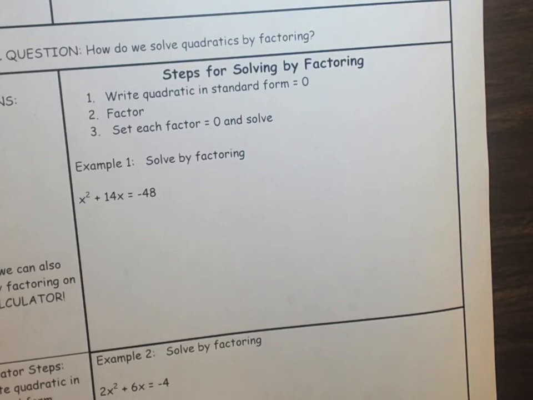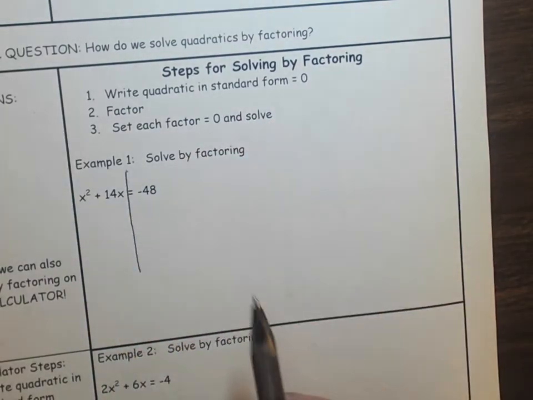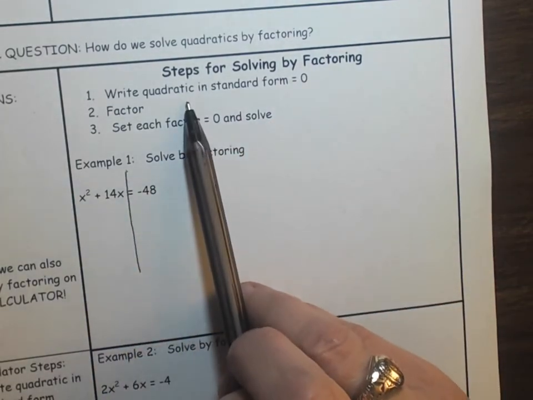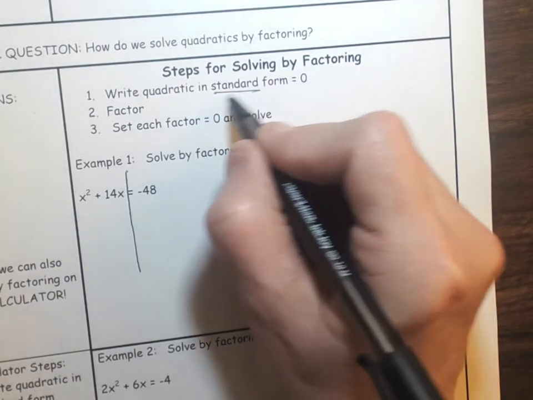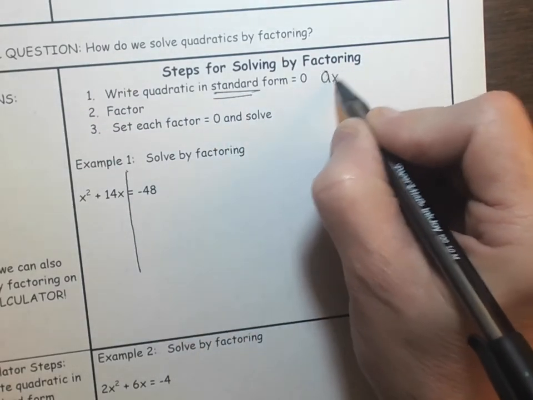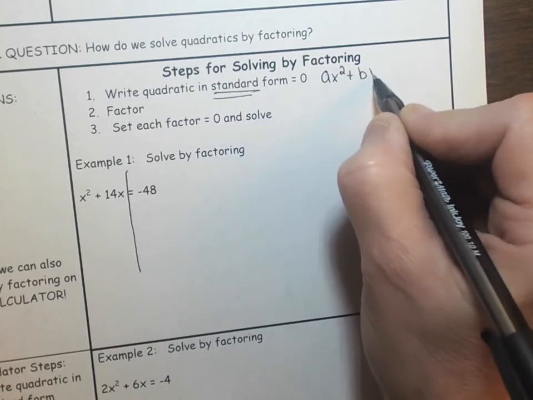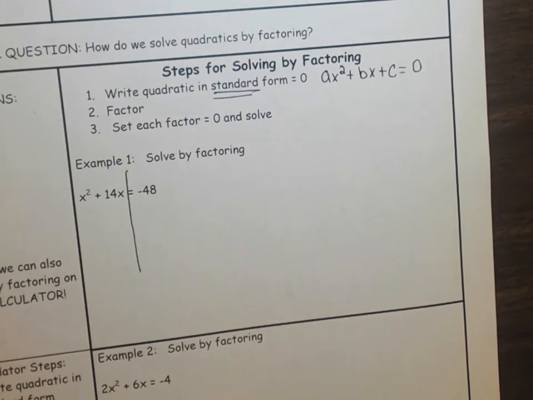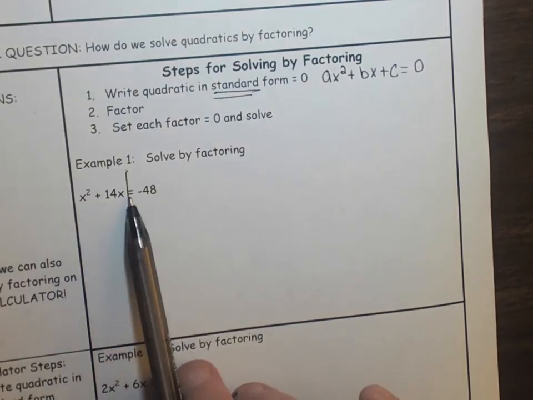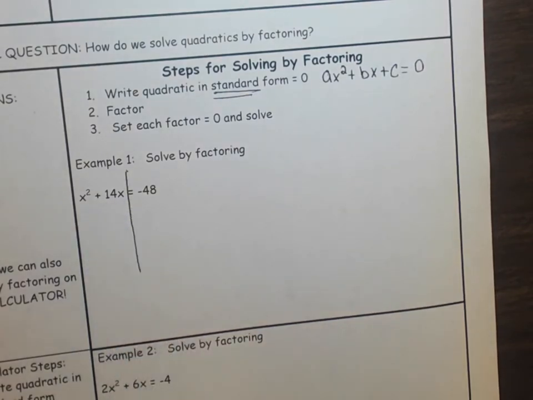So again, first thing we have to do is make sure our quadratic equation is in standard form. And remember, standard form is ax squared plus bx plus c equals 0. As you can tell, our quadratic equation down here is not in standard form.